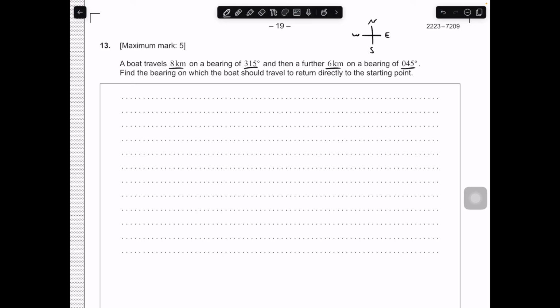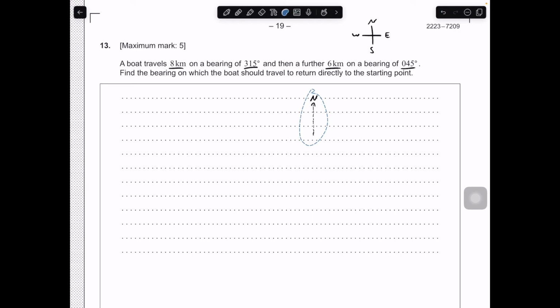So let's try to look at what's going on here and see what we can do. A boat travels 8 kilometers on a bearing of 315 degrees. So bearings are always measured in relation to true north. So if this is true north right here, we want to sweep through an angle of 315 degrees and then set off on our way.